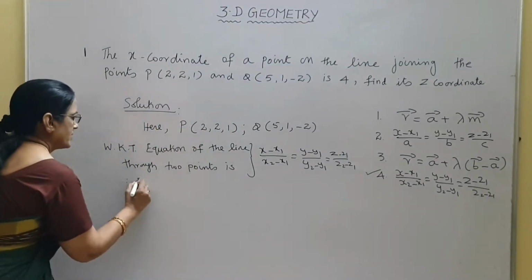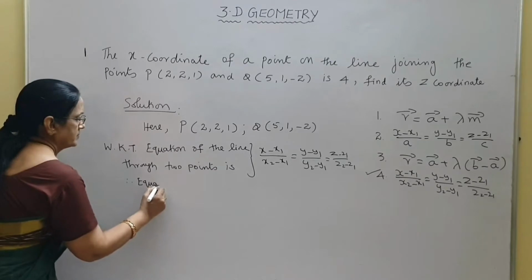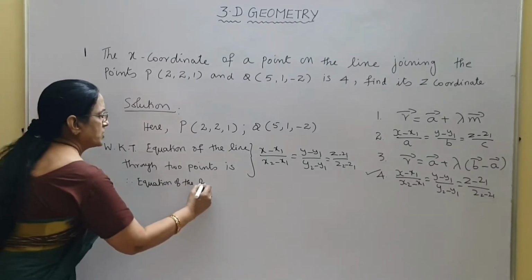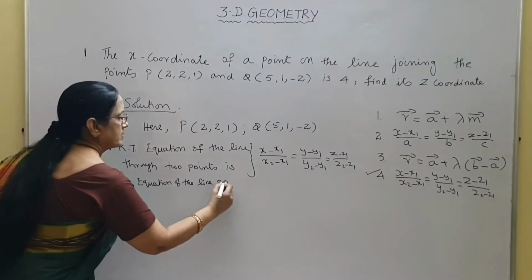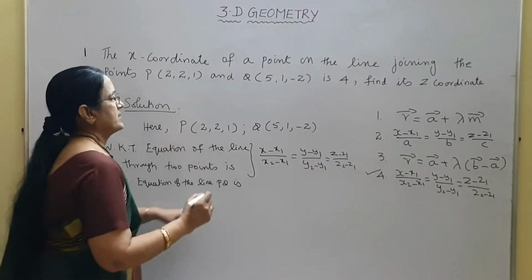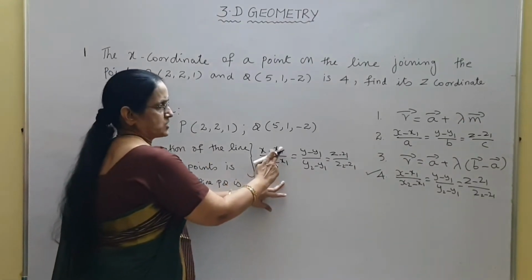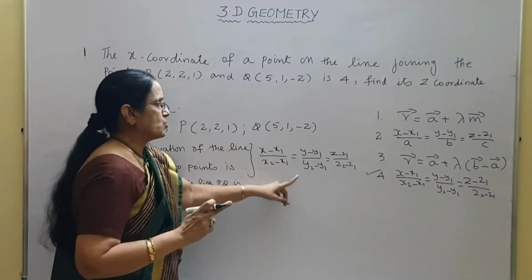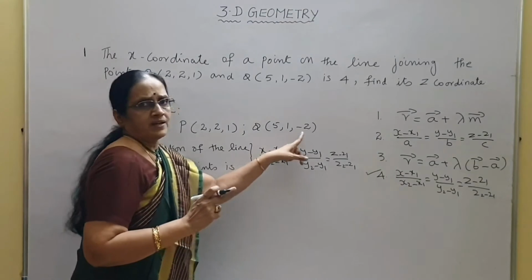Therefore, the equation of line PQ is, you can substitute for x1, y1, z1 as 2, 2, 1 and for x2, y2, z2 as 5, 1, -2.